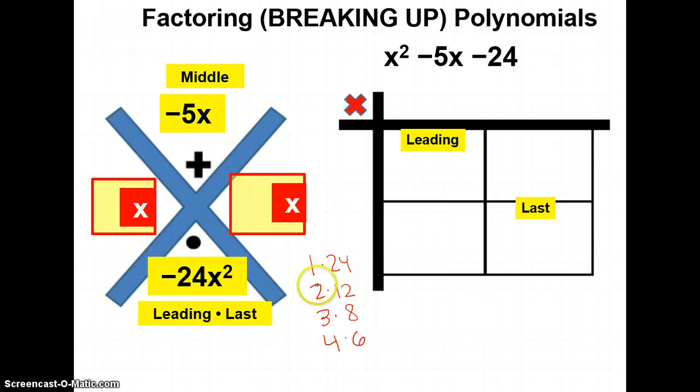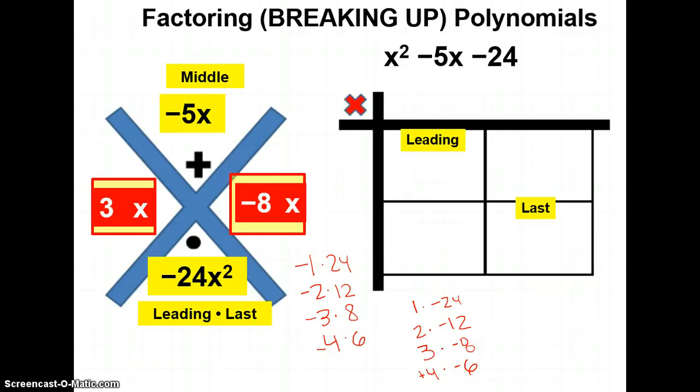Remember, these are negative, so you could either have that be a negative or backwards. In this case, it's 3 and negative 8. I'll place these in. Doesn't matter where.